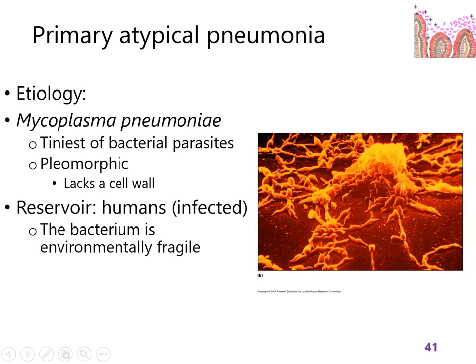Mycoplasma are these fragile, weird bacteria that don't have cell walls. And because of that, this is the only bacterium I know of that has ever been made artificially. Some scientists managed to synthesize its entire genome and get these bacteria to grow in a test tube from spare parts.